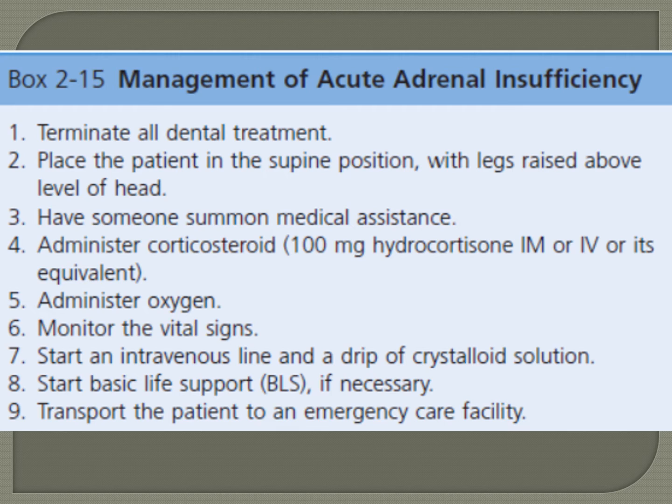If they are having a medical emergency, we can give 100 milligrams of hydrocortisone IM or IV and administer oxygen. Monitor all the vital signs, the patient's BP, pulse, everything, start an IV line with crystalloid solutions, and start basic life support, that means airway, breathing, circulation. You check it out, and if the patient needs it, do that, and transport the patient to an emergency care facility.